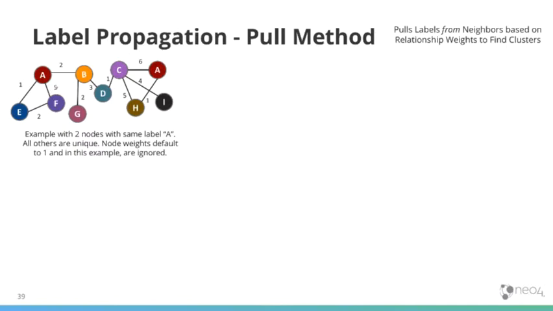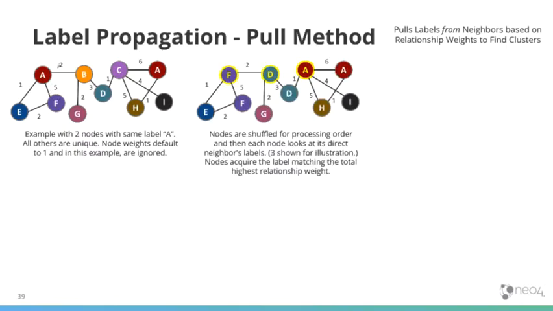The nodes are shuffled and then processed, and each node acquires the label of its neighbor based on the maximum weight of the relationship, or relationship and node if you're using node value as well. In this first iteration, we started by using the A, B, and C nodes and looking at their neighbors.